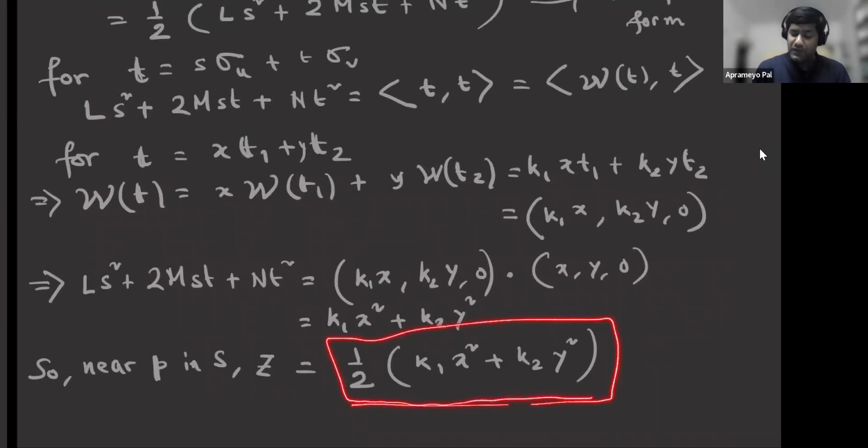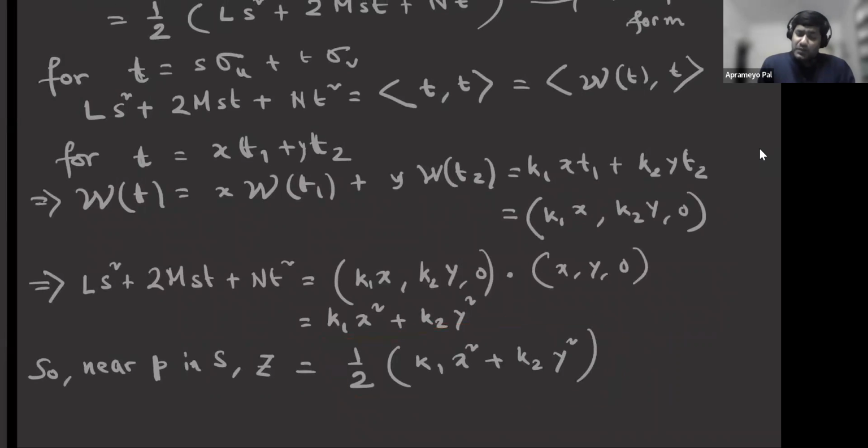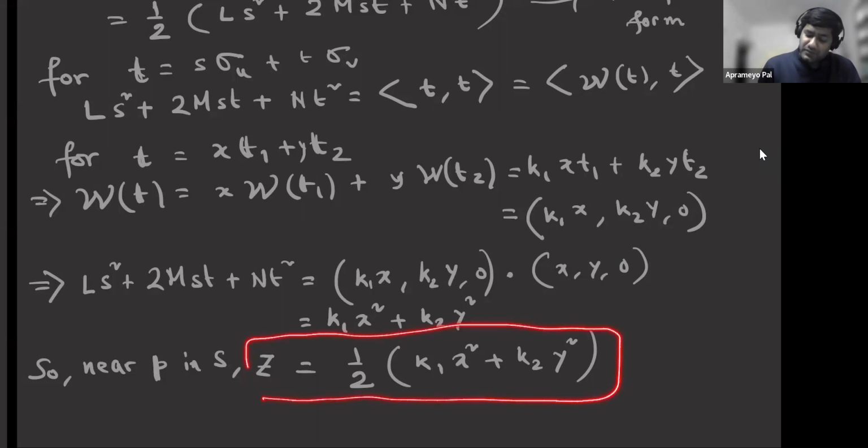So essentially for a general surface S, for any point P in S, the parametrization z is approximated by the quadric surface given by this equation.